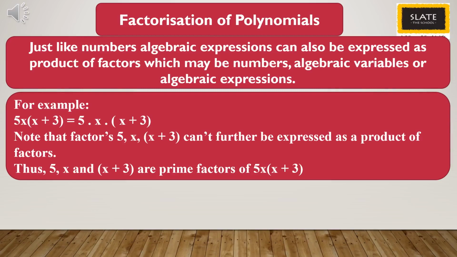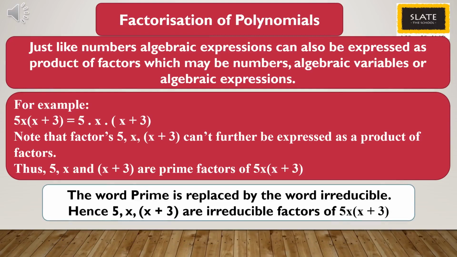So, we call 5x and x plus 3 prime factors. But in polynomials, we replace the word prime with irreducible. Hence, 5, x, x plus 3 are irreducible factors of the algebraic expression 5x into x plus 3.